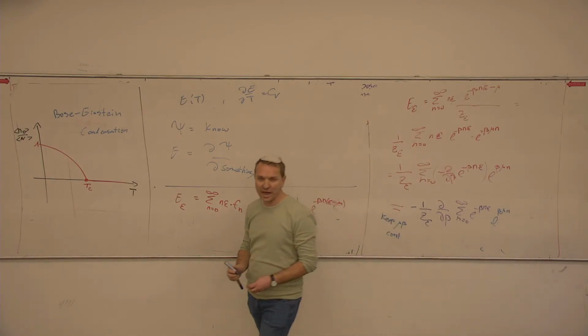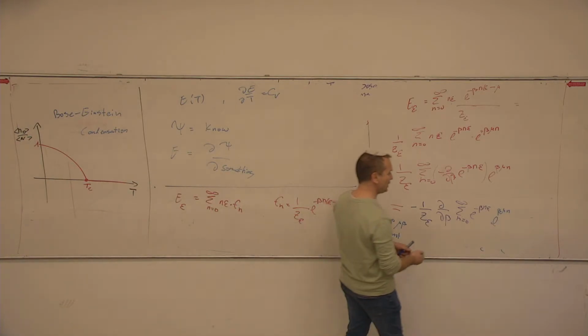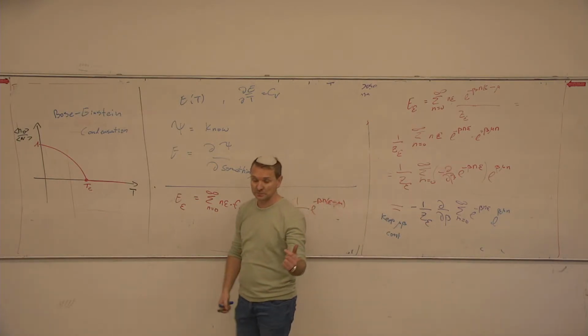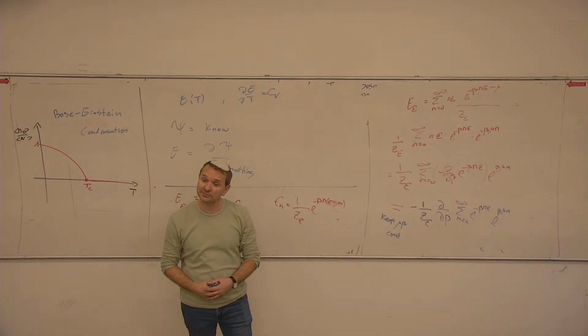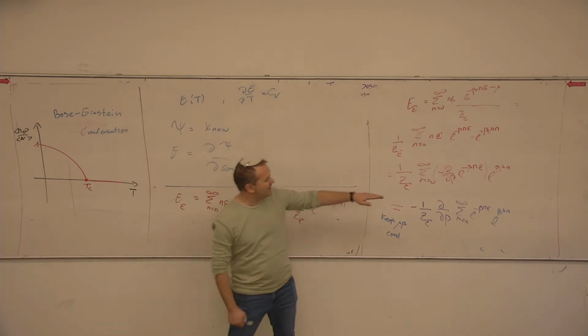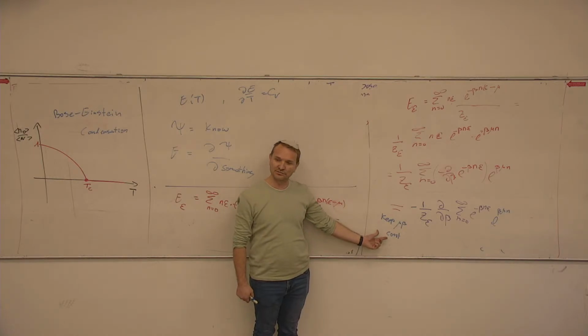Can I do that if I'm always considering that beta mu is constant? I'm taking a derivative with beta, but beta mu is constant. Why can you say that? Why not? Because beta and mu are properties of the problem. It's a mathematical problem now. Can I go from this line to that line under this assumption?